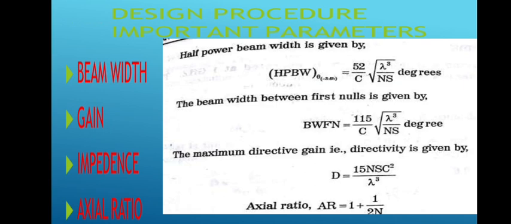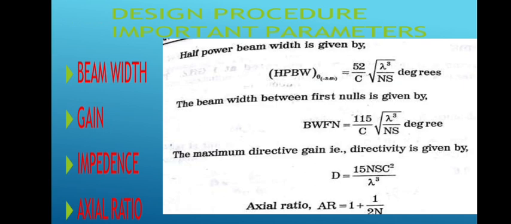The beam width, HPBW, is equivalent to 52 by C times the square root of lambda cubed by nS degrees. The beam width between the first nulls, generally twice the HPBW, but here more than that, that is BWFN or FNBW, equal to 115 by C times the square root of lambda cubed by nS degrees.